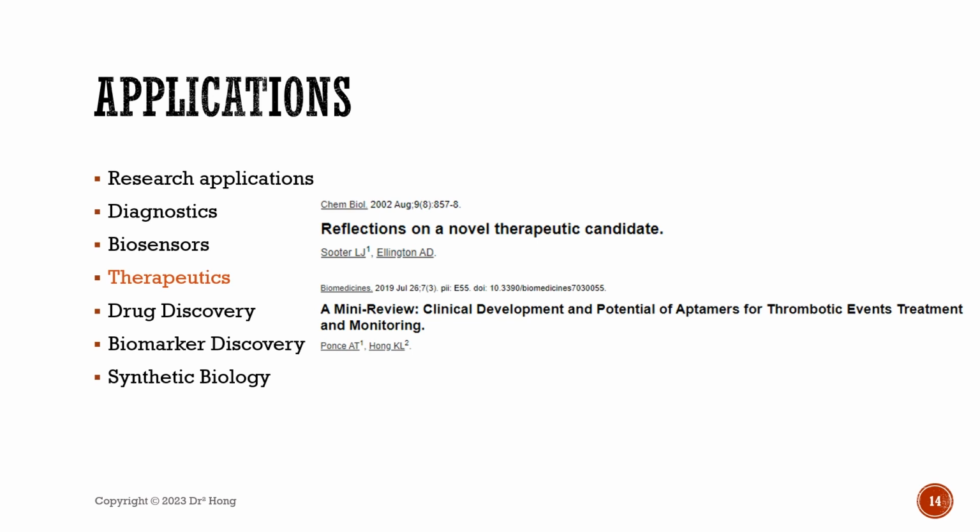This is 2023. A little reflection on novel therapeutic candidates. I also wrote a mini review on the potential of using aptamers for thrombotic events treatment and monitoring a few years ago in 2019 with one of my students.